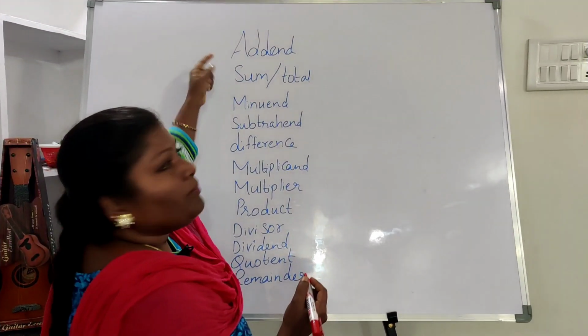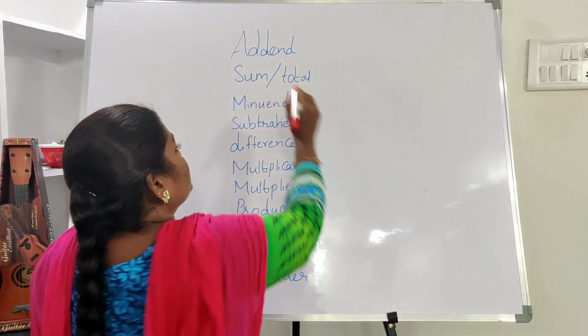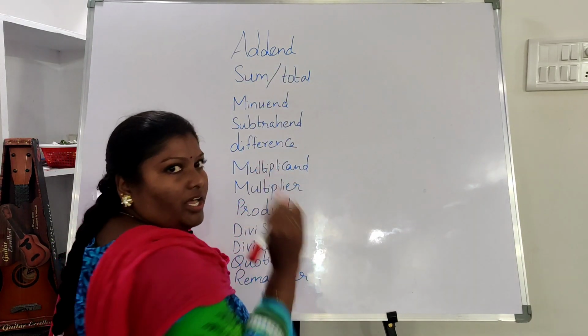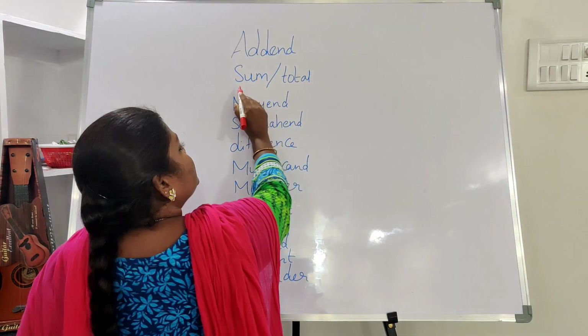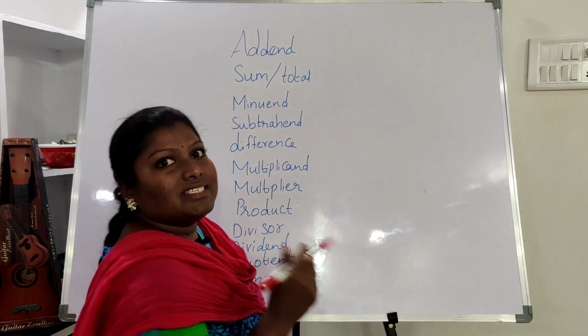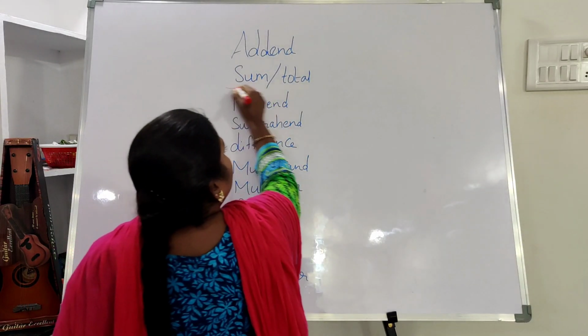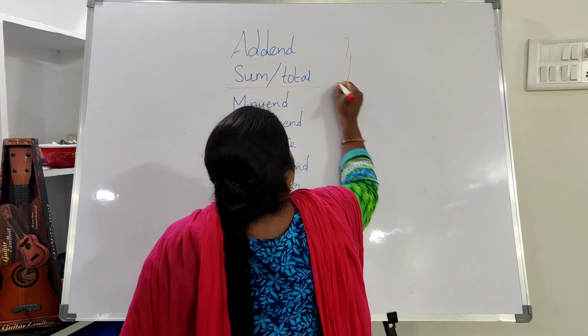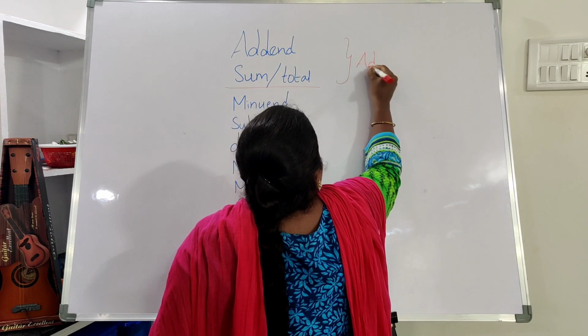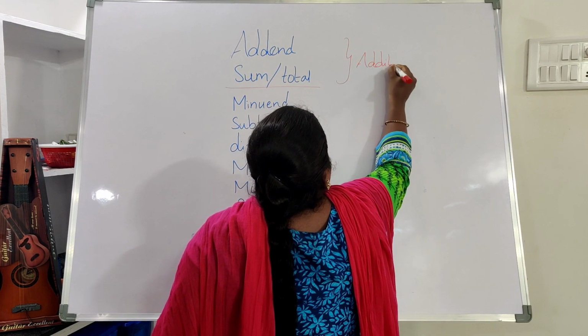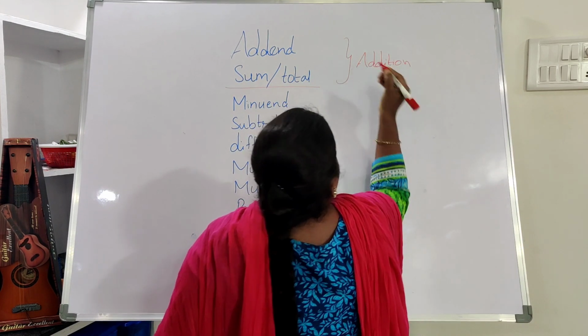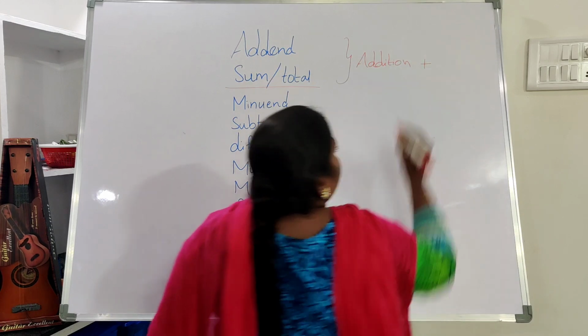Let me repeat the terms once again. The numbers which we add are called addends. The result of addition is called sum or total. These 2 terms are related to addition, and the symbol is plus.